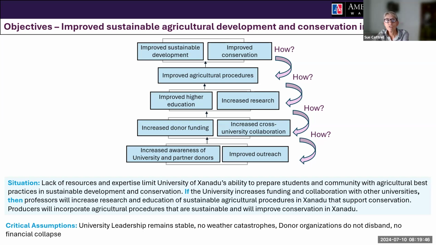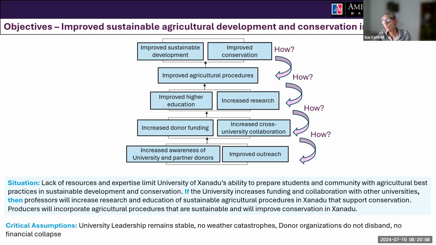Well, higher education, if that was better, then the university could do extension and improve the agricultural procedures. And research, they can conduct research, which will also then improve the agricultural procedures. How would they do that? How would they improve higher education and increase the research?